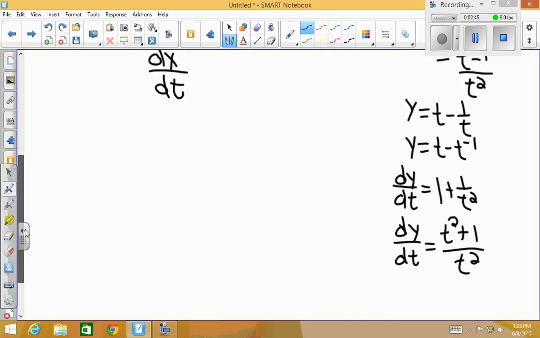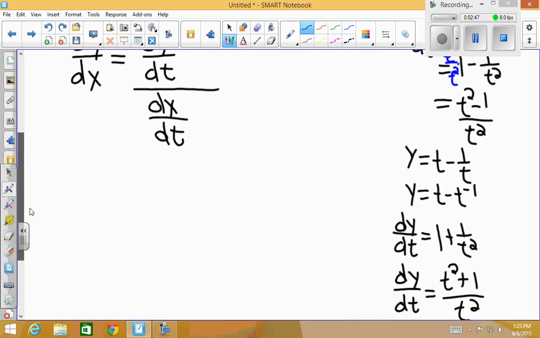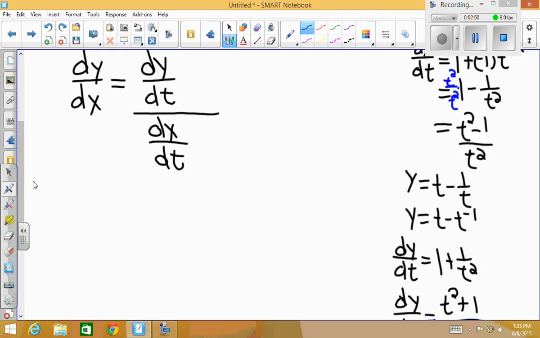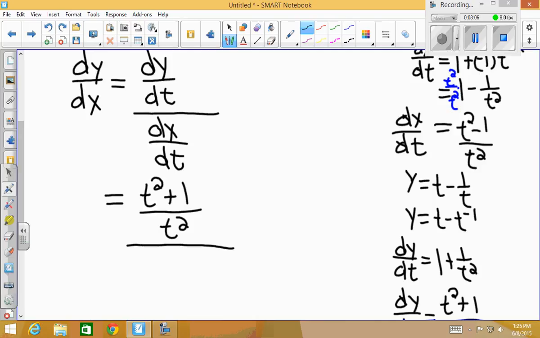Using these two, dy dt and dx dt, here's our dx dt, we know that our derivative, dy dx, is equal to dy dt, that's t squared plus 1 divided by t squared, divided by dx dt, which is t squared minus 1 divided by t squared.